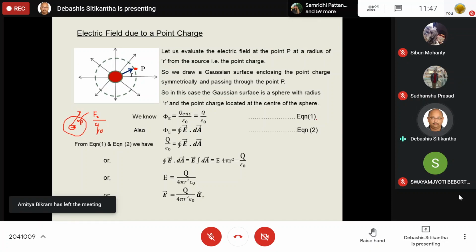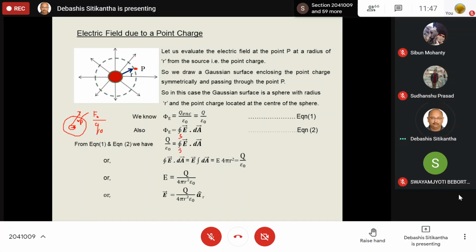So now obviously equation 1 and equation 2 must be the same. So from equation 1 and 2, Q by epsilon 0 is equal to the surface integral of E vector dot dA vector. Now please do one thing. Here just write down S. S means closed surface integral.